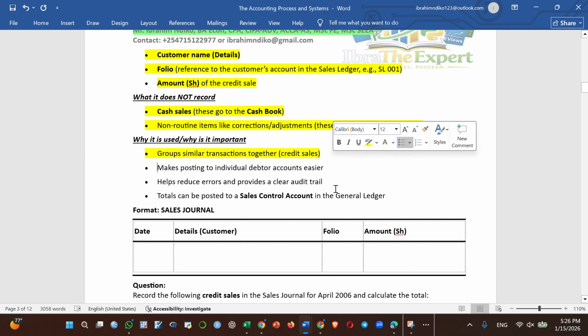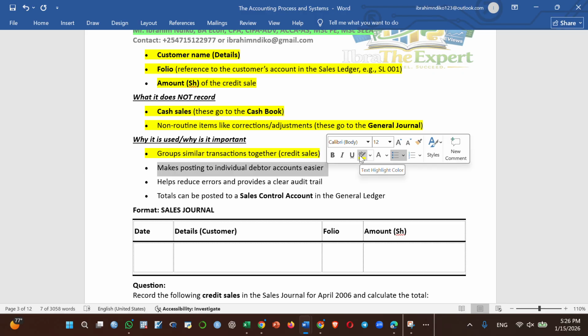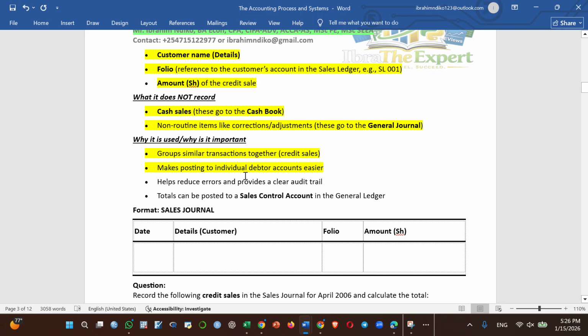So it helps us group these transactions together. It makes posting easier to the individual accounts. So it makes our work easier to post to the individual debtors account or the receivables account.